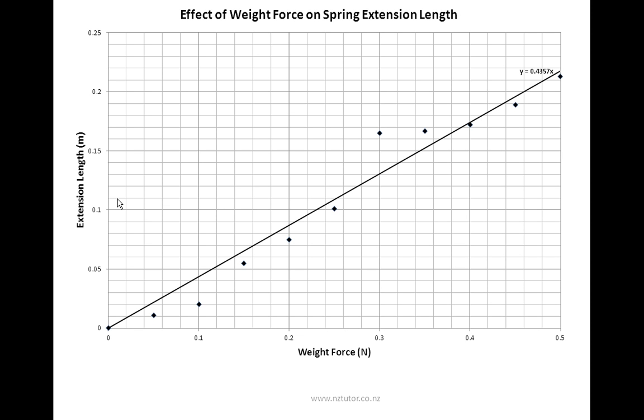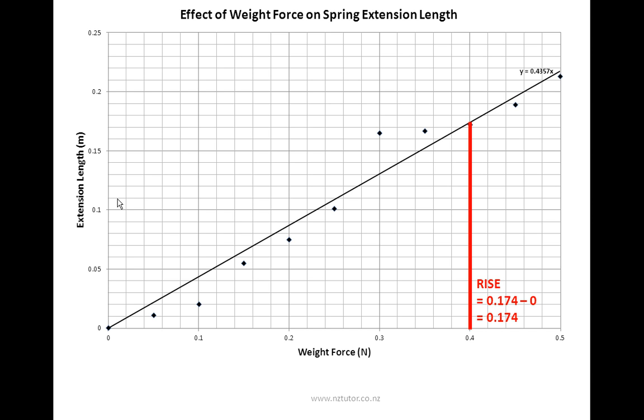Right, so this is incorrect. So let's look back at that graph. Now, what I would do in this situation to get the rise and the run is I would look at a point along the x-axis, say 0.4.